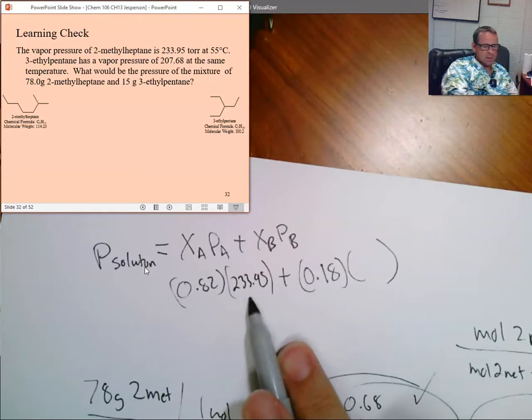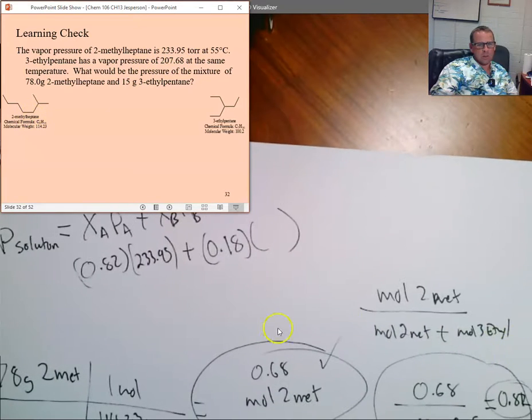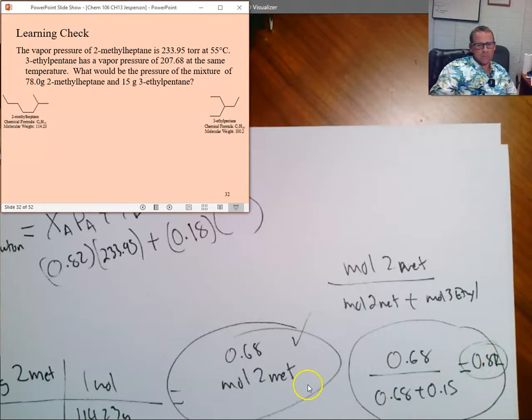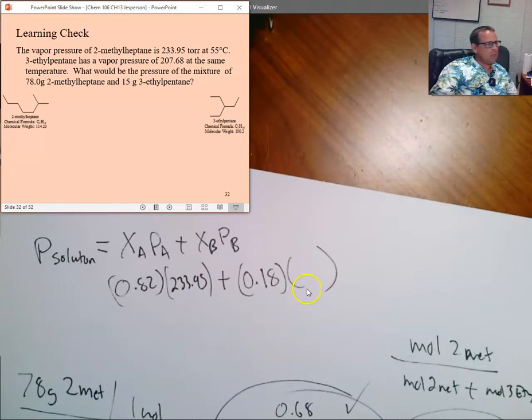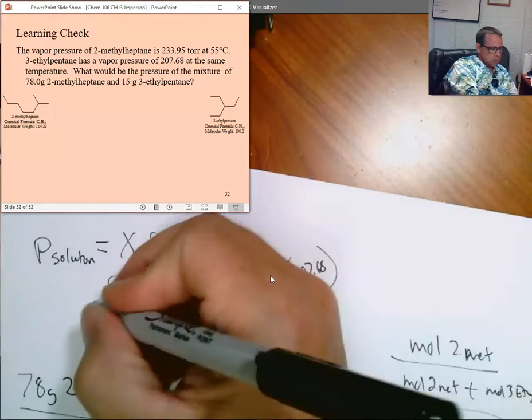All right, that's because that is our vapor pressure for our A, which we were using as our point, or 2-methyl, right? 0.82 is our 2-methyl. Okay, and then here, Aisha, what value goes here? All right. Very good.